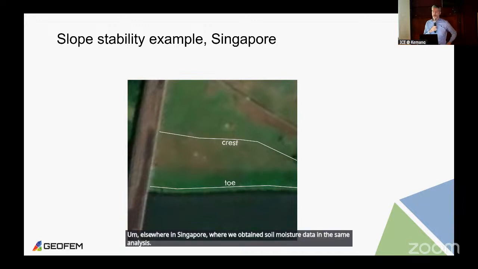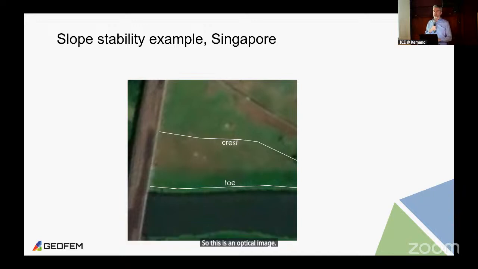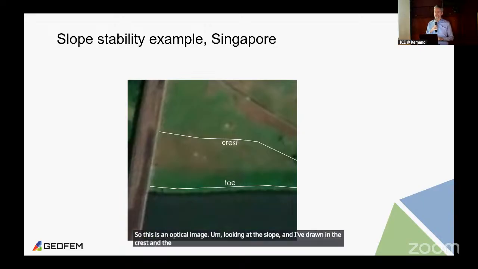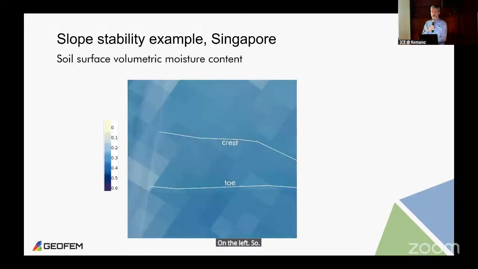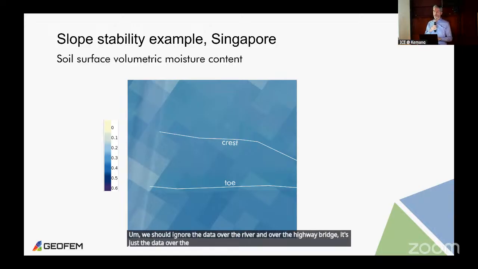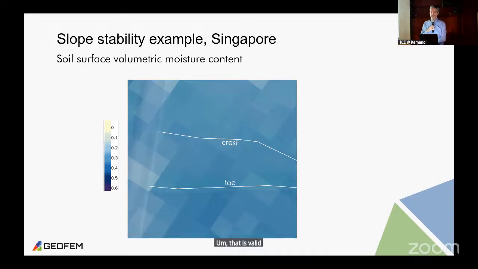This is an optical image looking at the slope, and I've drawn in the crest and the toe. It's next to a river and next to a highway bridge on the left. We can obtain soil moisture data at the surface. We should ignore the data over the river and over the highway bridge. It's just the data over the ground that is valid and that we are interested in.